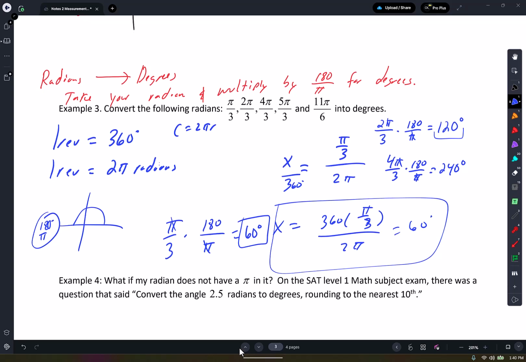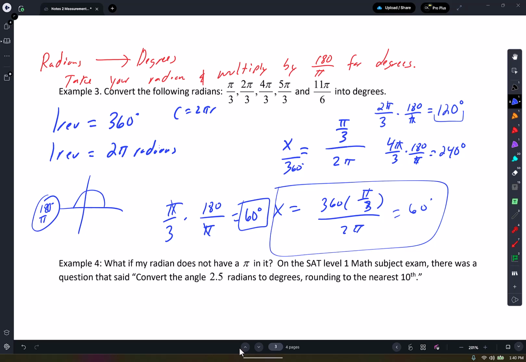Okay. And then 5 pi over 3. I'll write the 5 pi over 3 here. 5 pi over 3 times 180 over pi. 3 goes into 18 6 times. 6 times 5 is 30, so this must be 300 degrees. Are we okay?